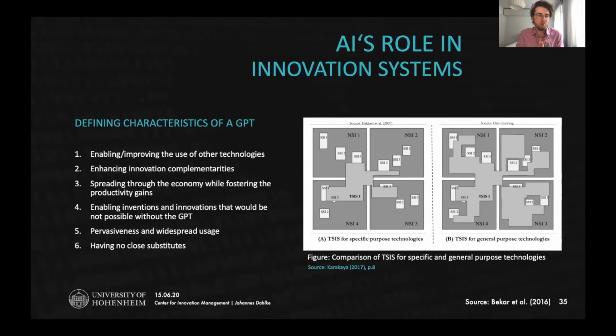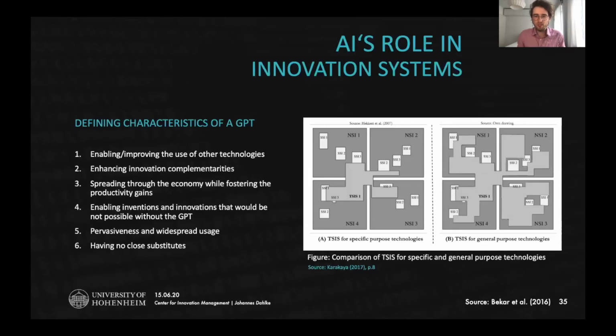So if an innovation system does not function well for a given general purpose technology, it would negatively affect all the specific purpose technologies. Or if it functions well, it would positively affect all the other innovation systems around a specific purpose technology. Okay, so this is the influence a general purpose technology may have. And as you can see, it's really pervasive and needs to be paid attention to by all parts of society.